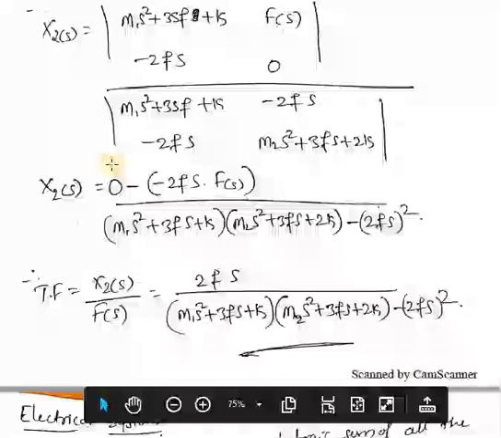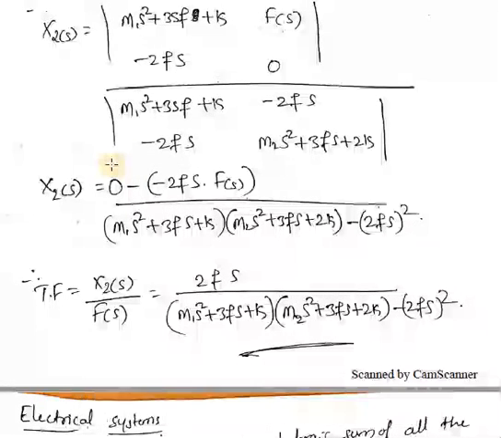Okay, so while solving the problem, the very first step is that we should be able to draw the free body diagram. While drawing it, the direction of forces is very important. So always start from the mass on which the force is acting, or on which the input is given, so that it will be easy for you to show the direction of the forces. After that you have to draw the equivalent mechanical system.